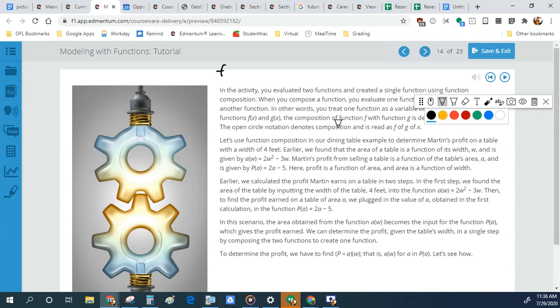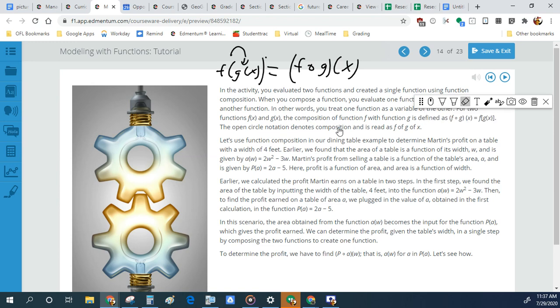So instead of calling it f with g inside of this, meaning that g of x is the input of f, they're just saying f is composed with g and the original input is x. That's all this is saying. So these two are equal to each other, is the long and short of this. Does that make sense?